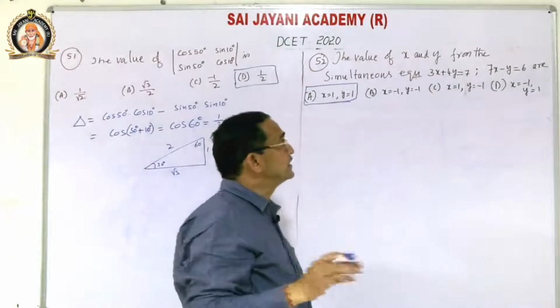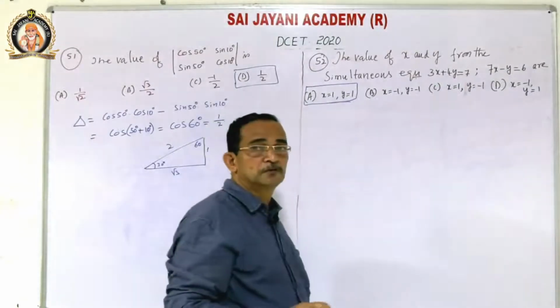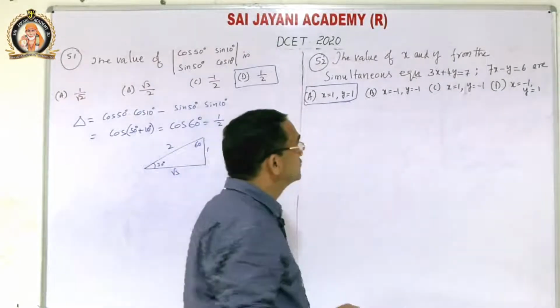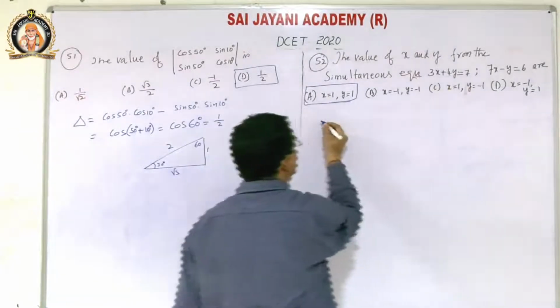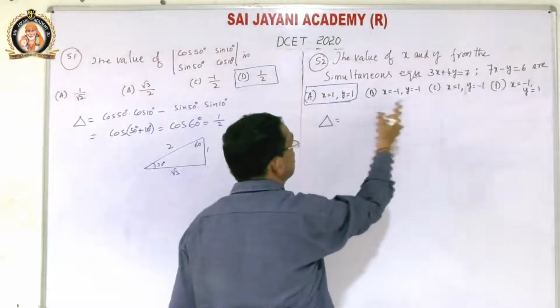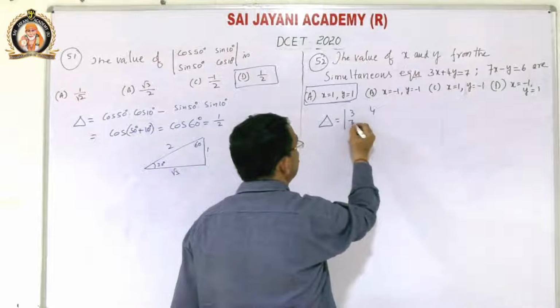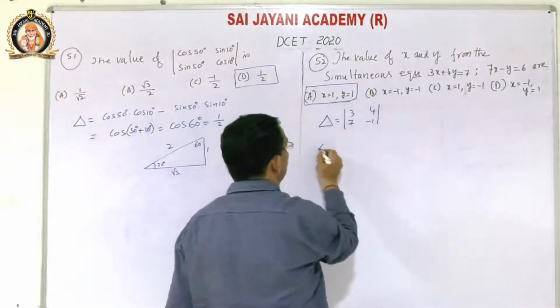This is also possible for certain problems, but not all. But the procedure is, if you are not going that way, then you go for the determinant definitions. Here delta is equal to the xy coefficients: 3, 4 and 7, minus 1. What is delta x?